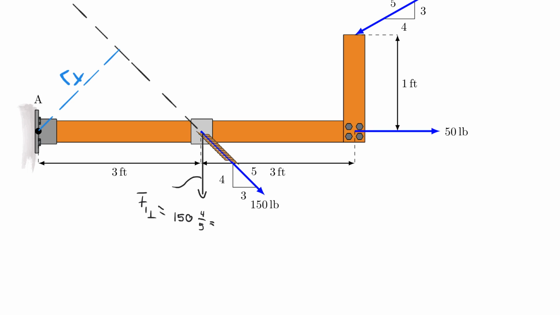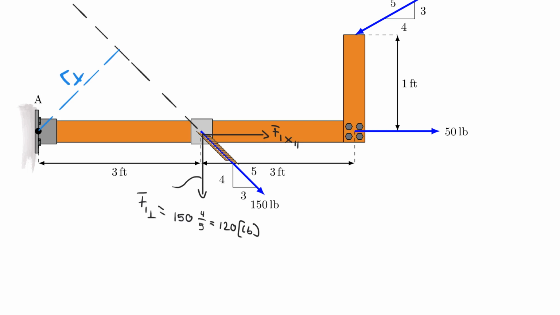So that would be 30 times 4, which is 120 pounds. And of course, I could now go ahead and calculate the parallel component or the x component, right? So this here would be F1, let's call it x, or also parallel.